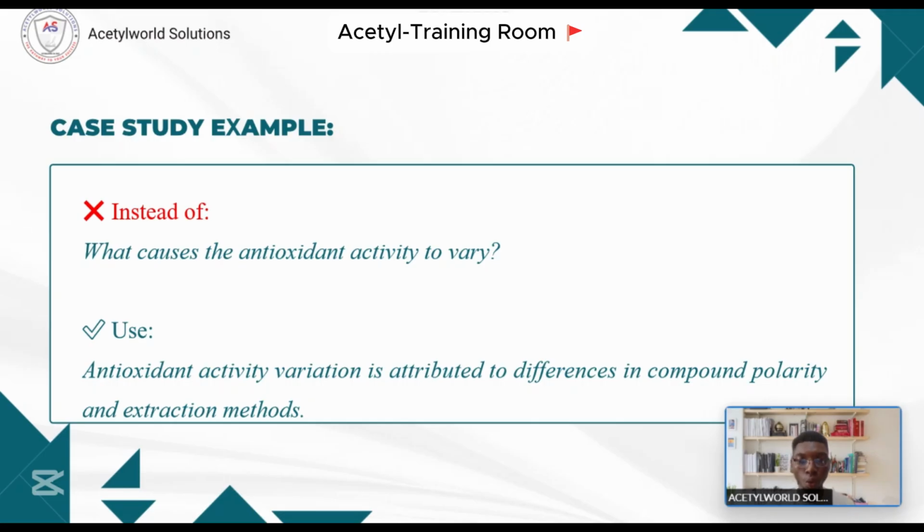You understand? So antioxidant activity variation is attributed to the differences in compound polarity and extraction methods. So avoid questioning when you are doing academic writing. When you are writing your academic paper, you are writing a thesis, avoid the use of questions.